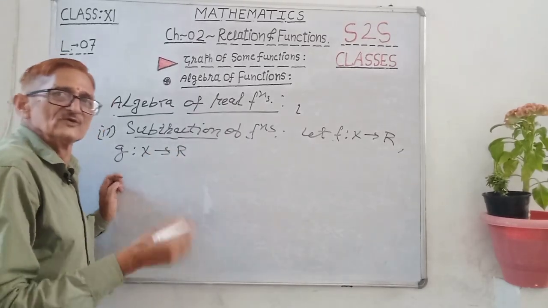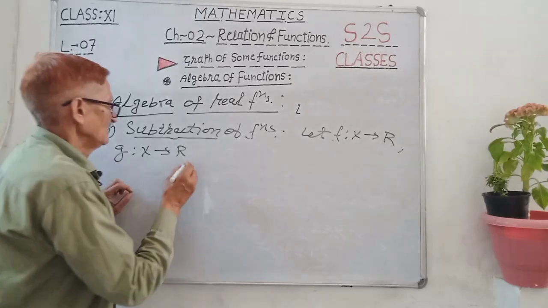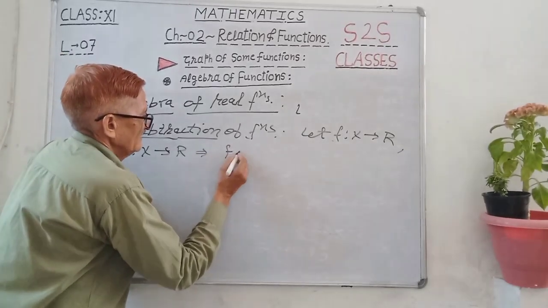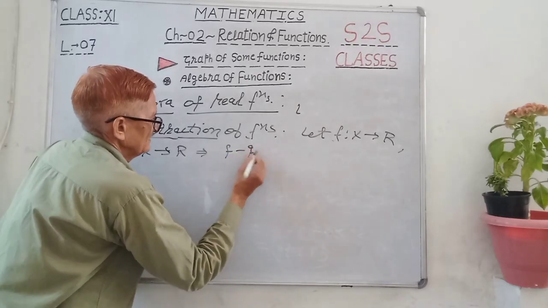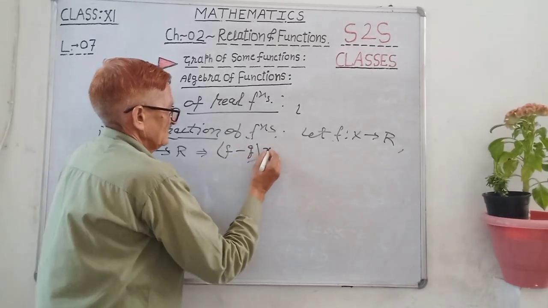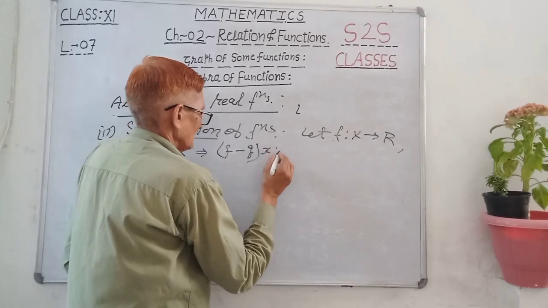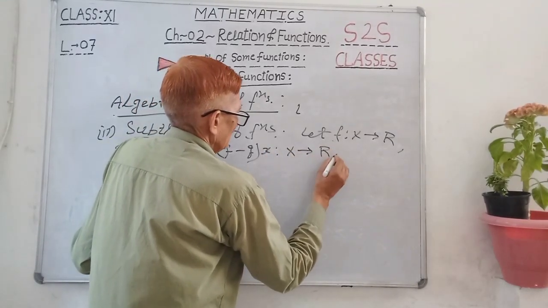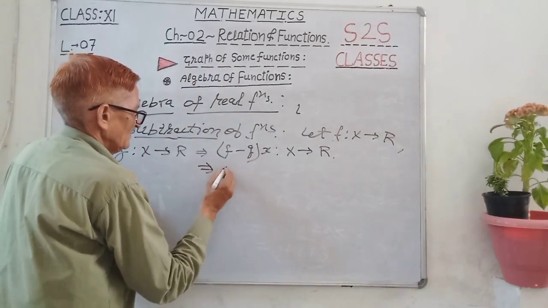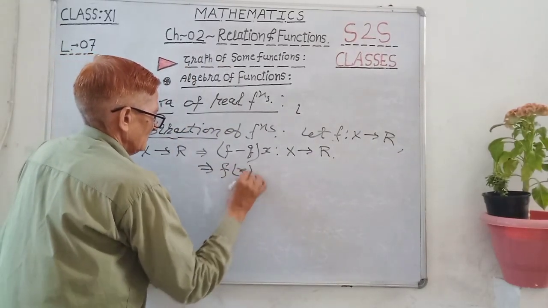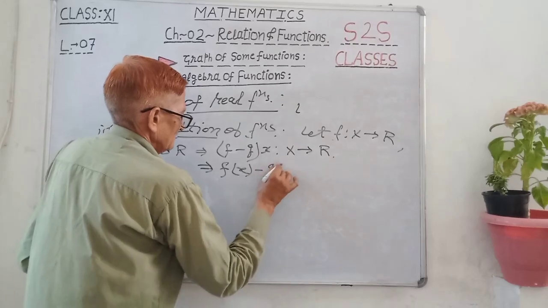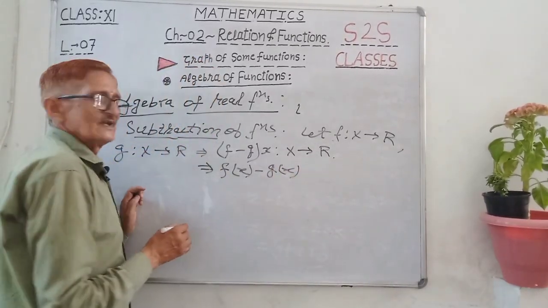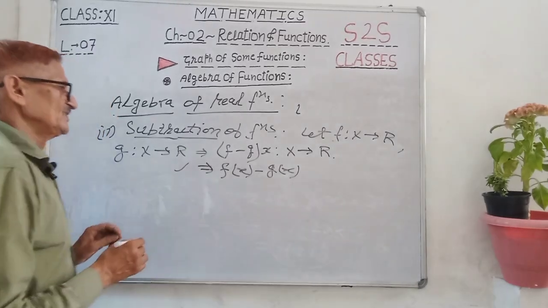Subtraction of real valued functions, that is, the output is a real number. Then this implies subtraction (f minus g)(x), such that X to R, and this implies f(x) minus g(x). Clear? This will be the same.